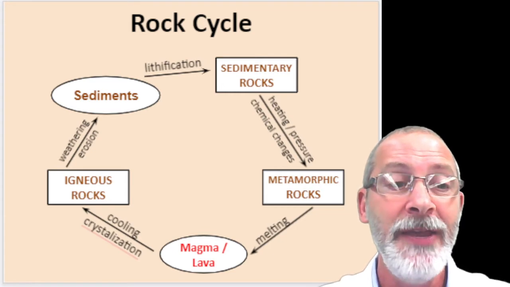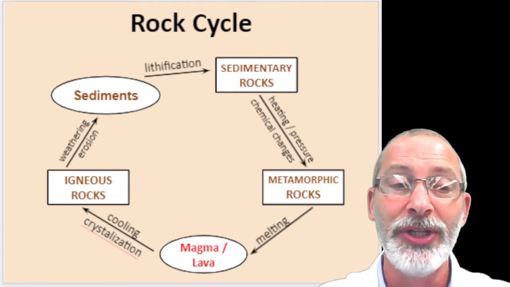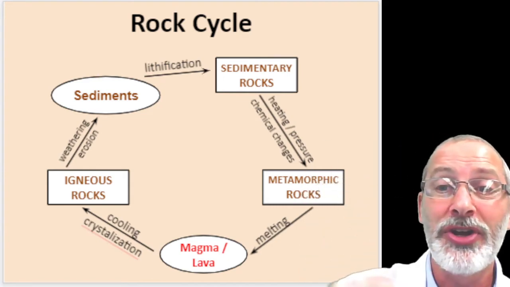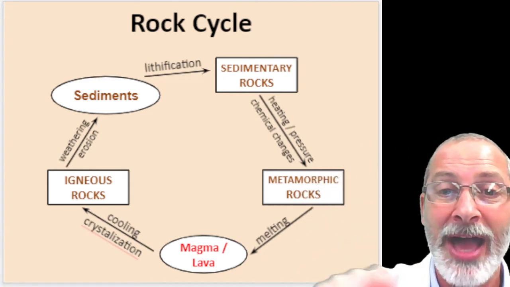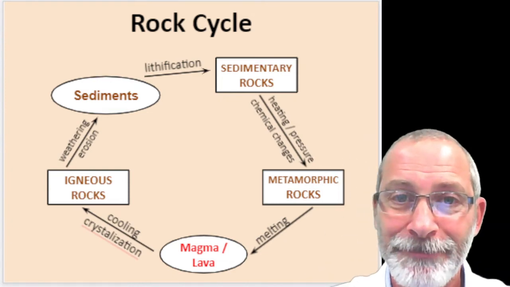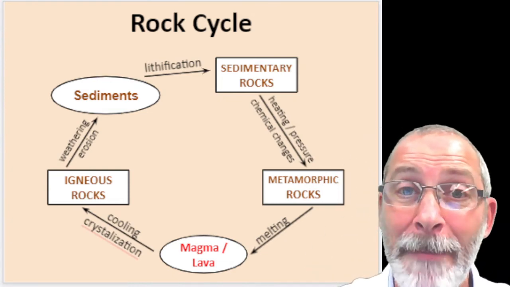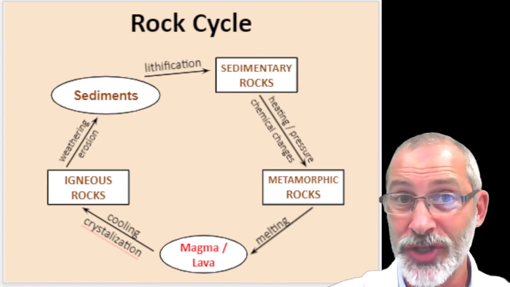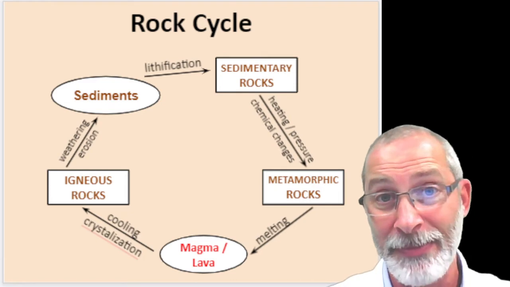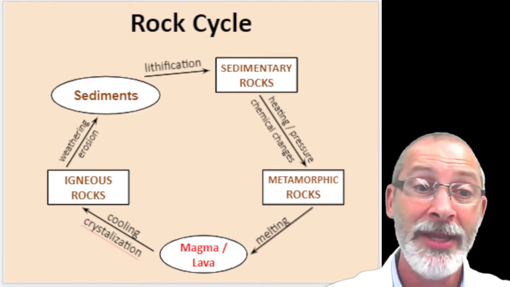So you can see how this cycle has gone, so to speak, full circle from magma and lava back to magma and lava. But it's more like a bicycle wheel than just a circle, because the rock cycle isn't complete at this time yet. Why?